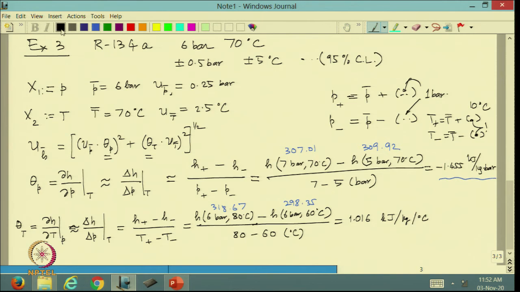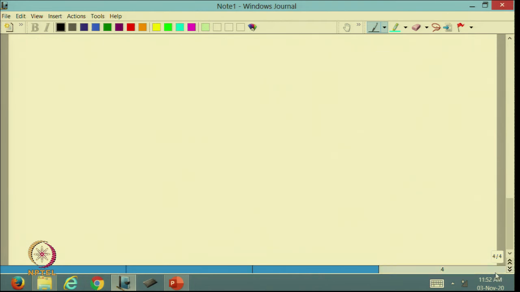So, we got both our theta_P and theta_T, and now we go to the next step and write that U_H bar is the square root of the sum of the two products: 1.455 into 0.25, this is the pressure term, and 1.016 into 2.5, this is the temperature term.